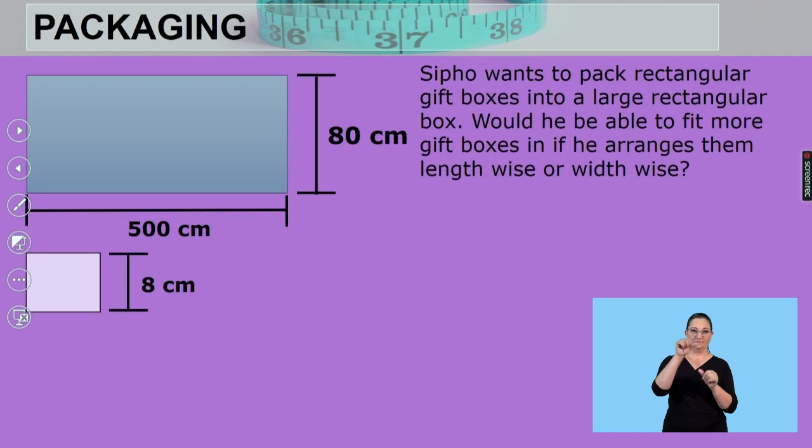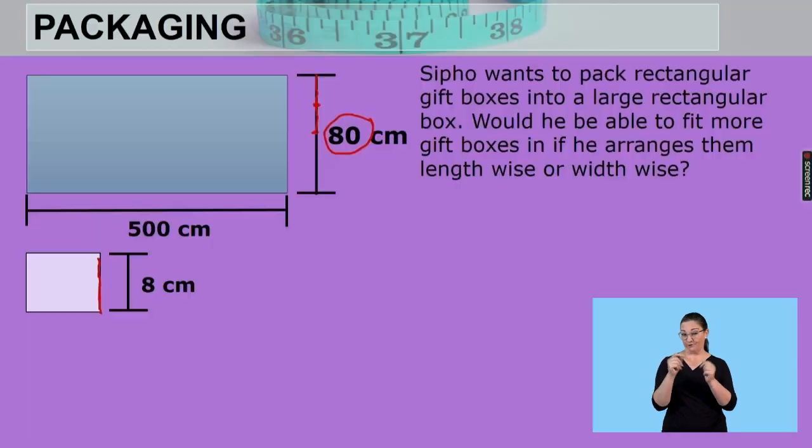So looking at this, same question, but the width now, that is 8 centimeters. Where's that going to fit? Across its width, across this piece, so 8 there, and then maybe another 8 there, and so on and so forth, until all 80 is covered up. So what have I got to do?